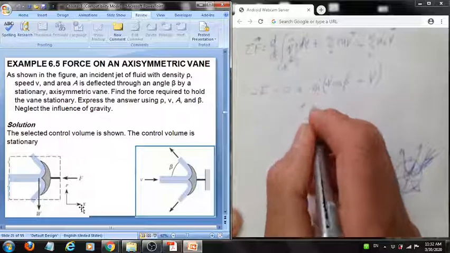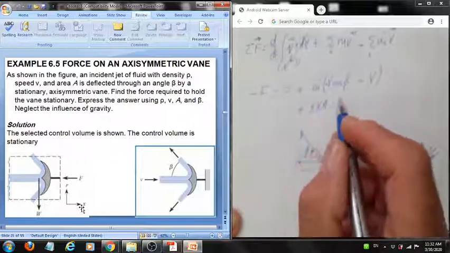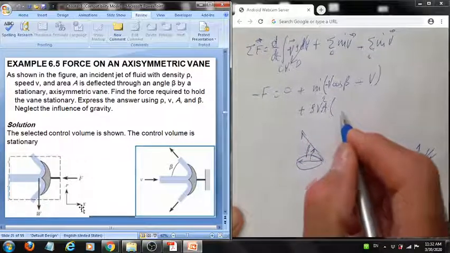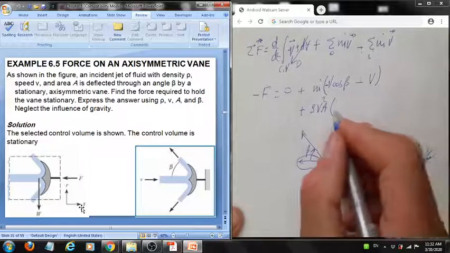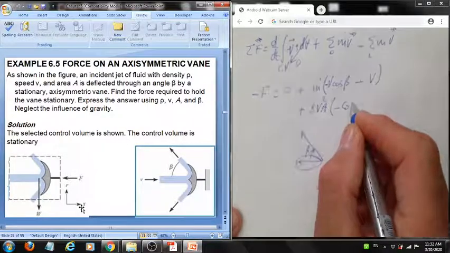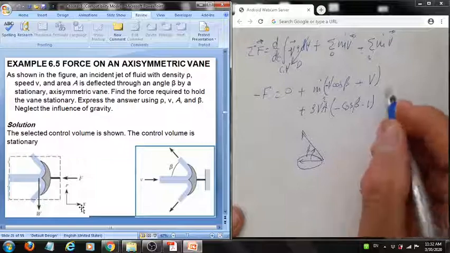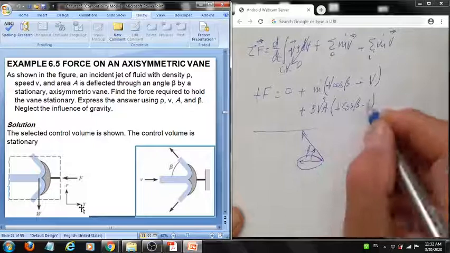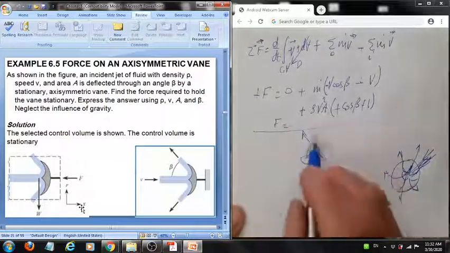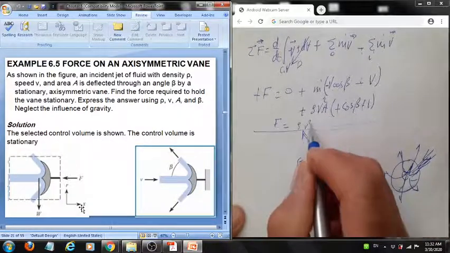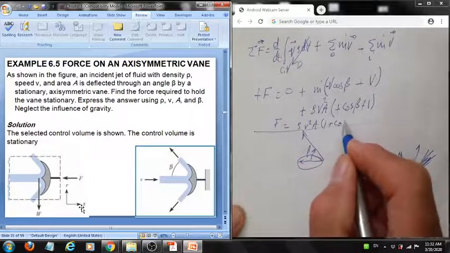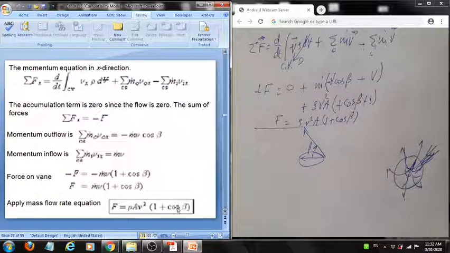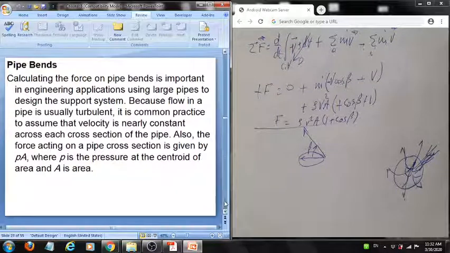We can say rho V A, and then we take also this V out, so it will be squared, and then we are left with minus cosine beta minus 1, or minus F equals rho V squared area times minus 1 plus cosine beta. Okay, all right.